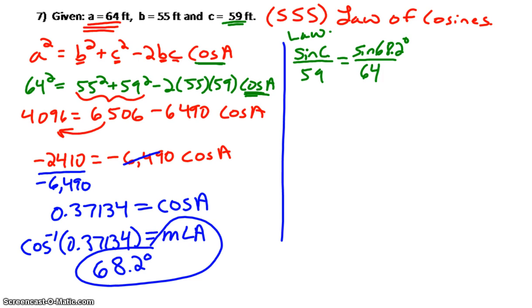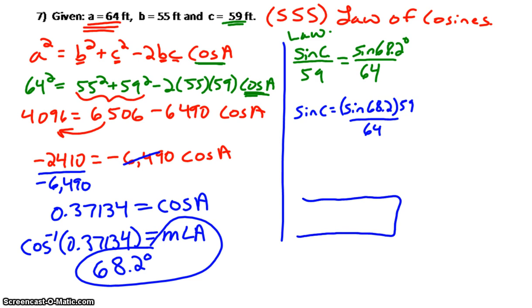If we complete the process of sine C equals sine of 68.2 times our 59 over 64, we'll get a decimal value, and I'll leave that to you, but you should get that the measure of angle C equals 58.87. Check it out. If you have issues, see me tomorrow.